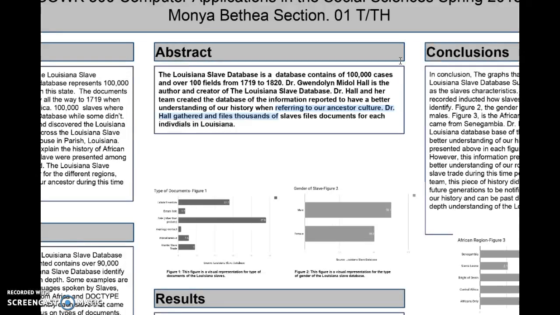Dr. Giovanni Hall is the author and creator of the Louisiana Slave Database. Dr. Hall and her team created the database of the information reported to have a better understanding of our history when referring back to our ancestors' culture. Dr. Hall gathers and files thousands of slave documents for each individual in Louisiana.